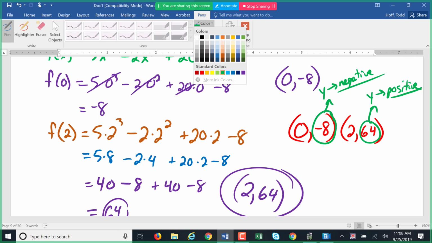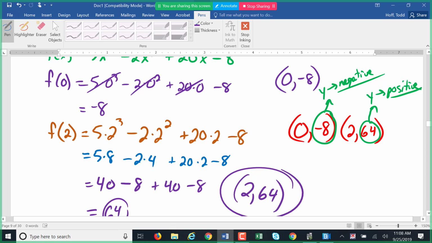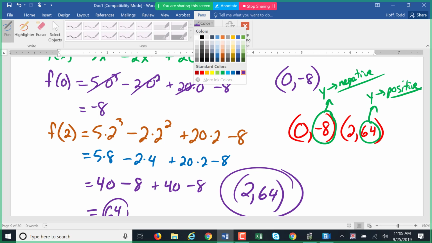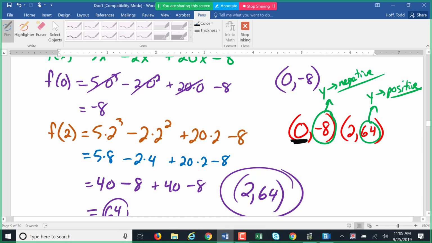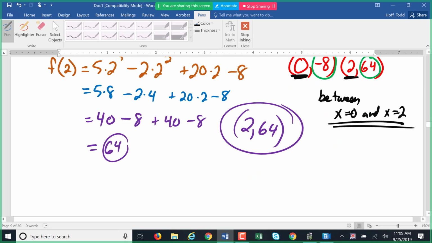Whenever the value of y on our graph goes from positive to negative or negative to positive, somewhere between those x coordinates, so somewhere between x equals 0 and x equals 2, is a root. Now we've already found that root. That root is at x equals 2/5. But we know there has to be a root in between those.